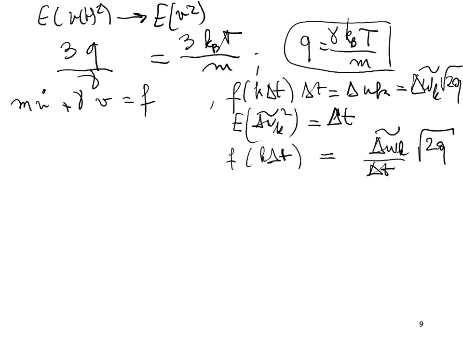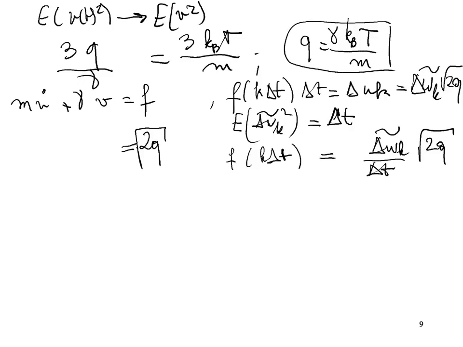And so now we just replace by the different parameters. We go in the limit of delta t goes to 0, the infinitesimal version.